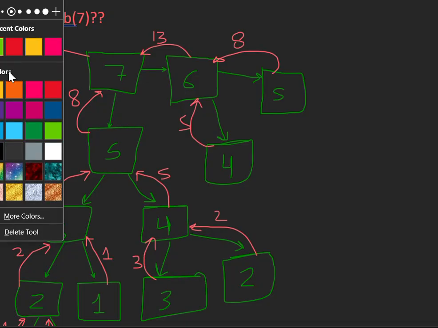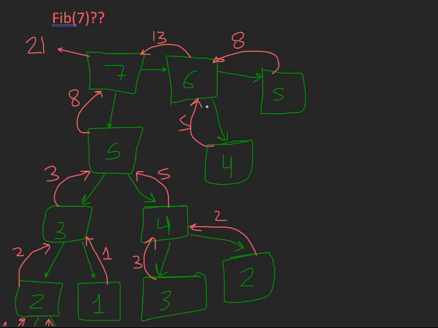So let's take an example of Fibonacci of 7. We have called Fibonacci of 7. It will call Fibonacci of 6 and Fibonacci of 5, and then take the sum of these two.